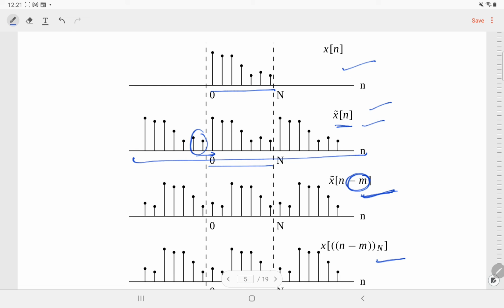You can see in this diagram that the linearly shifted signal is very similar to the circularly shifted signal.